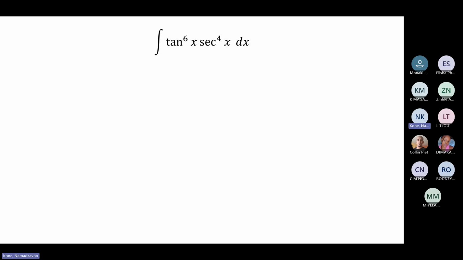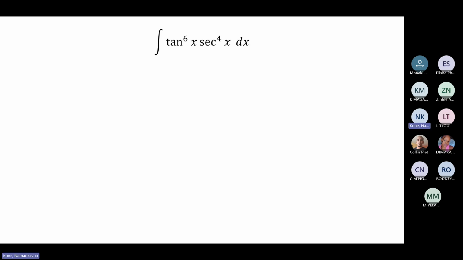So the next question involves tan and sec. Also here, it needs you to know your derivatives. If you know your derivatives, then you can play around with these values that you have there. So if you go to your derivatives, the derivative of tan x is sec x tan x.